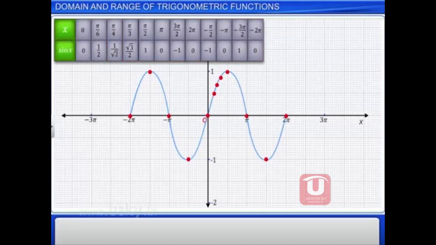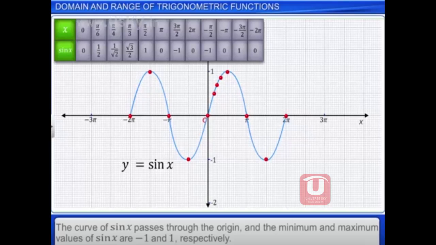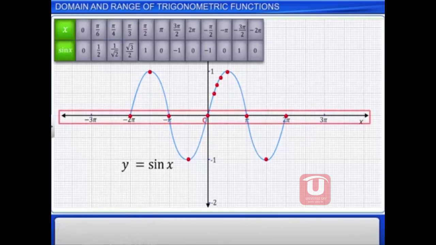We get the graph as shown. From the graph, it is clear that the curve passes through the origin, and the minimum and maximum values of sin x are -1 and 1 respectively. It is also clear that the domain is the set of real numbers and the range is the closed interval -1, 1.